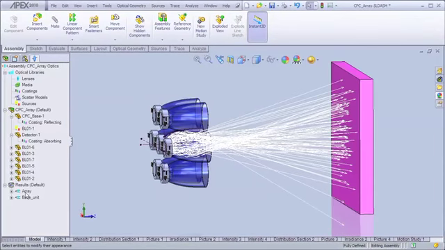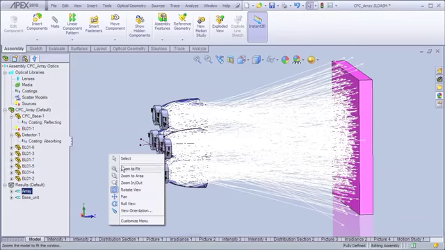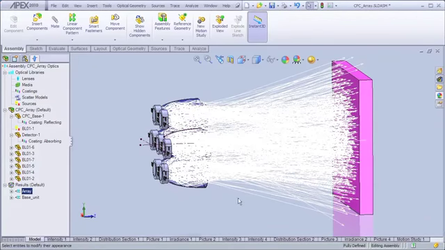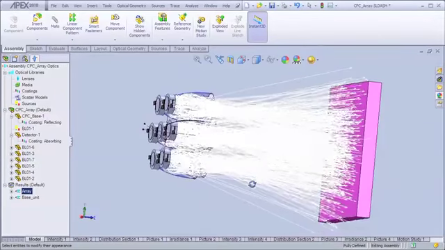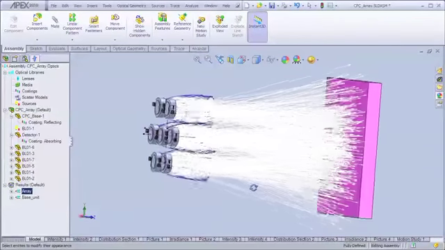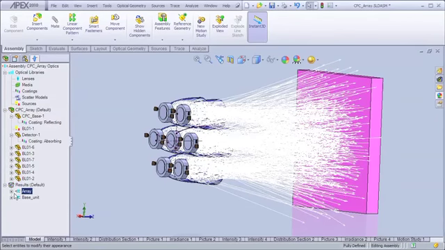Here we already have the data stored, so let's take a look at the ray trace graphics. And again, each of the CPCs will be having a distribution of energy. Each CPC is designed to have the 30-degree cutoff angle. You can see my detector is a little small to capture all of the rays, but we'll still be able to get good analysis.